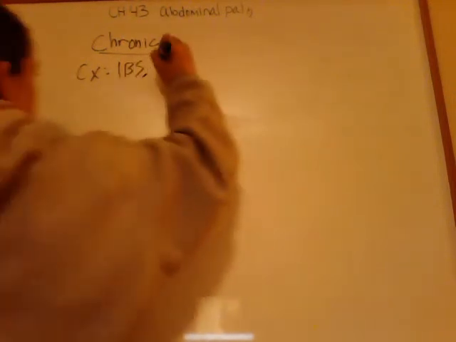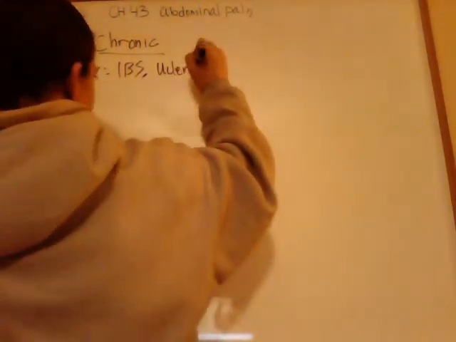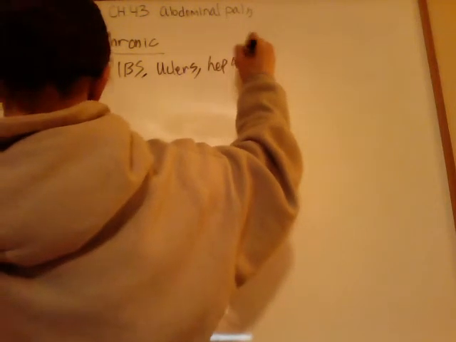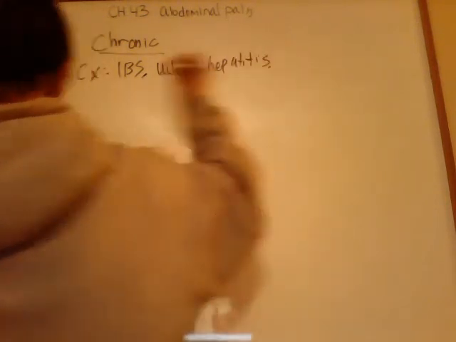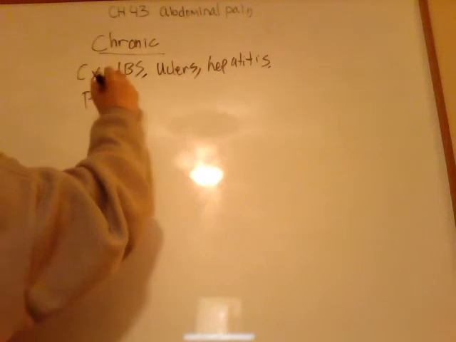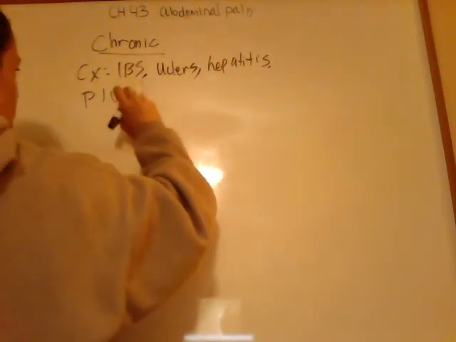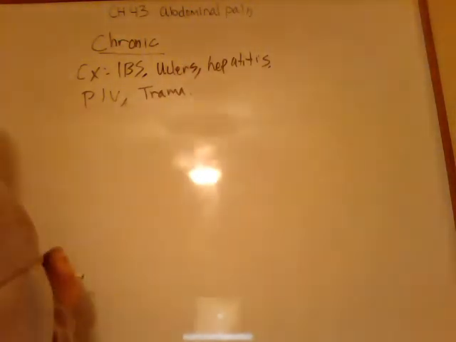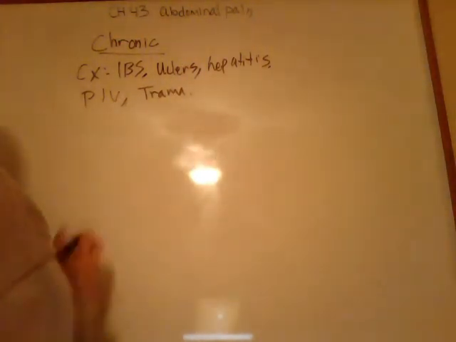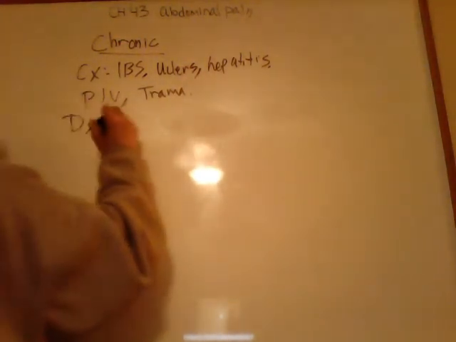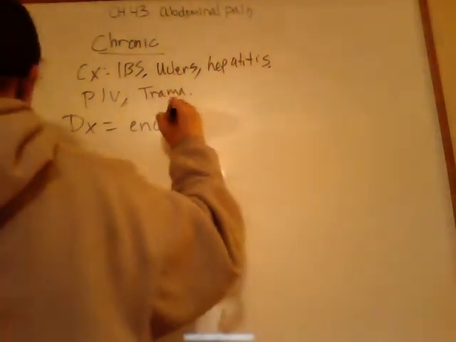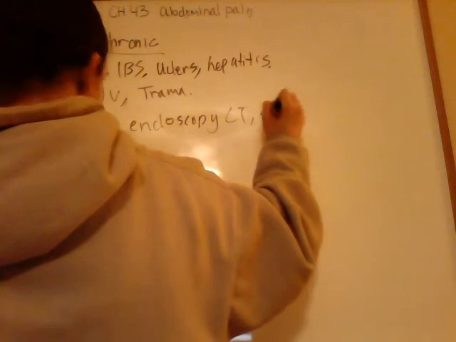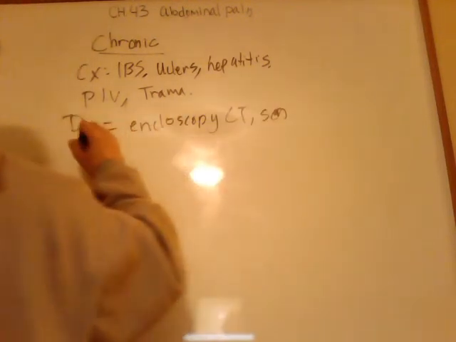So IBS, ulcers, hepatitis, destruction of the liver, pelvic inflammatory disorder, and then trauma, which is kind of surprising, but if you have a blunt trauma, it might affect your system a little bit differently. So diagnostic studies for a chronic one are going to be your scopes, and of course you're going to have your CT scans and MRIs.